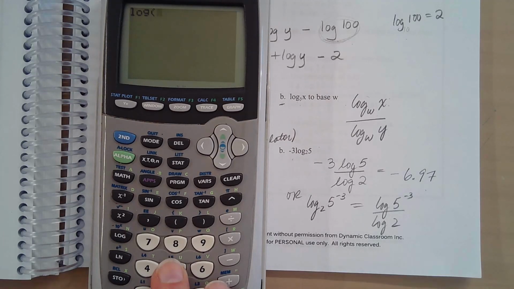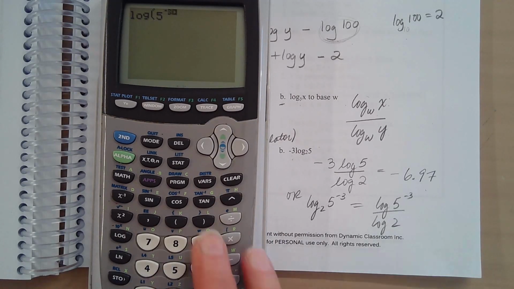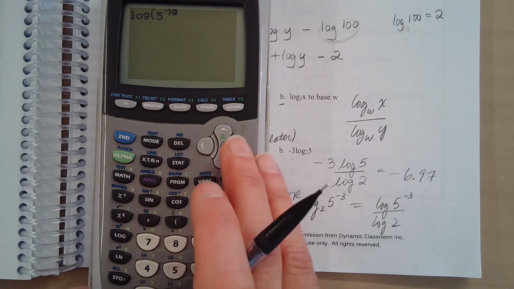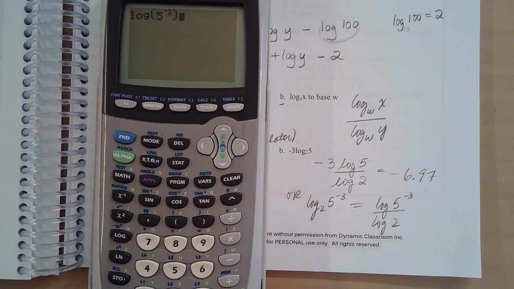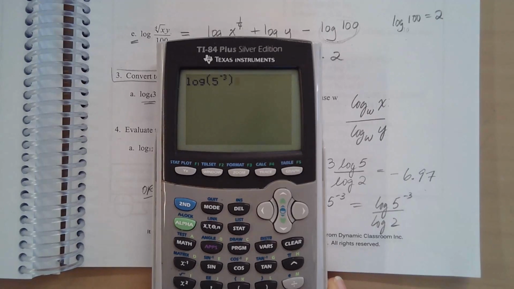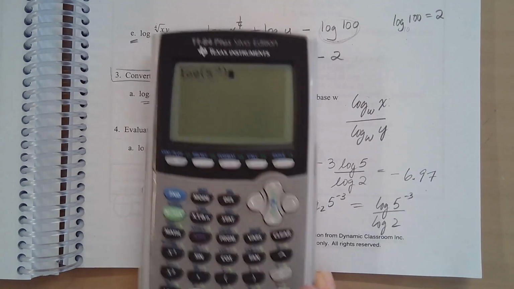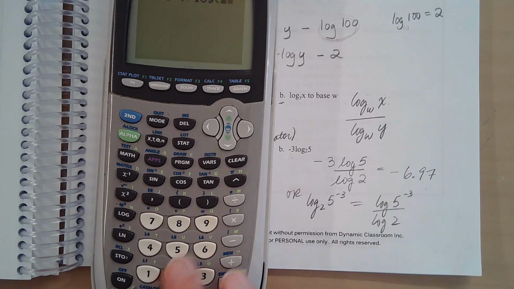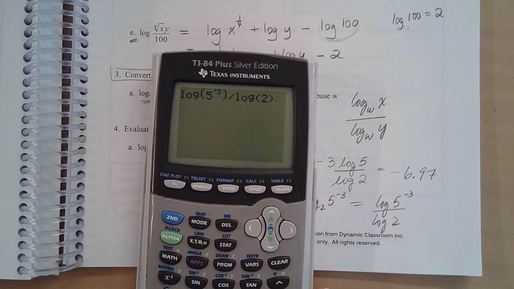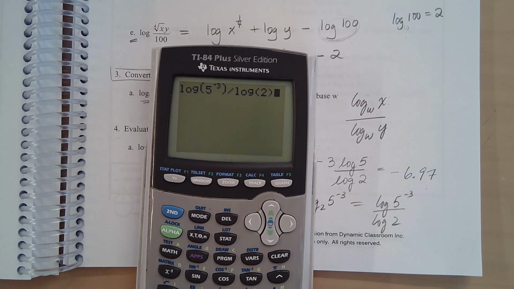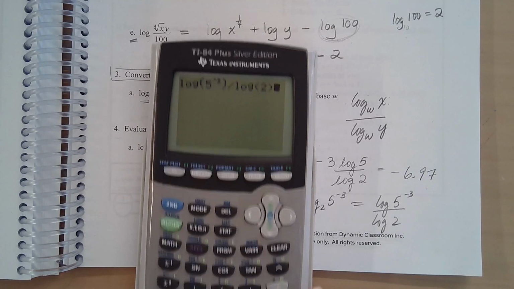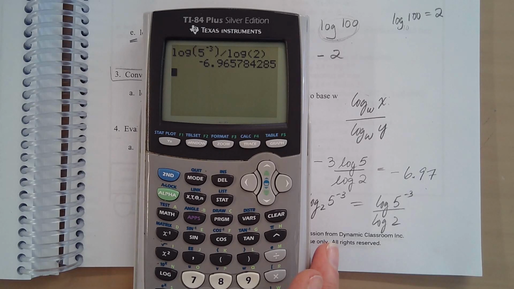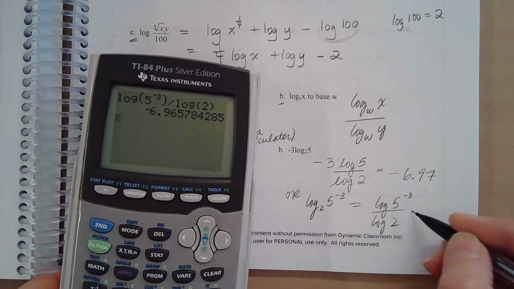Wait. Delete. My calculator is very, okay. So this is what I had the first time, right? 5 to the -3 divided by log of 2, close bracket. That looks good, doesn't it? Okay, this time I got it. I thought that's what I did first. I must have done something weird first time.